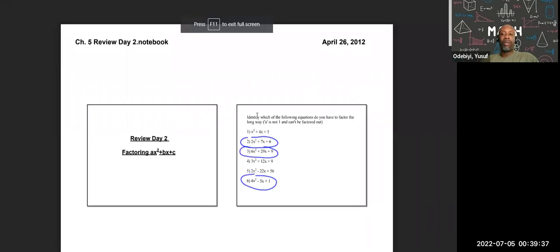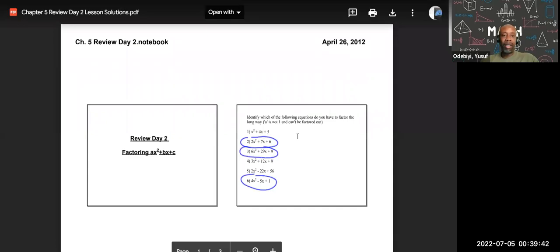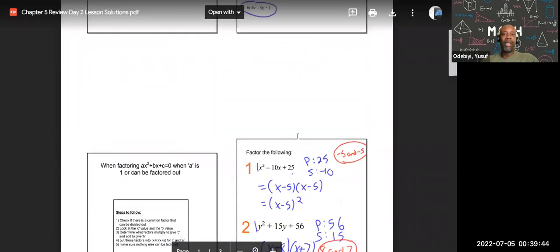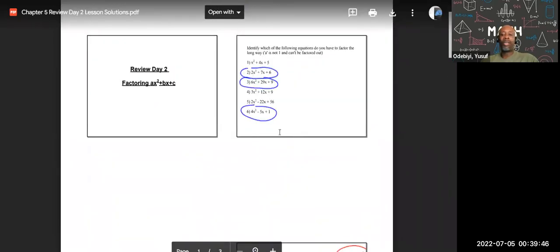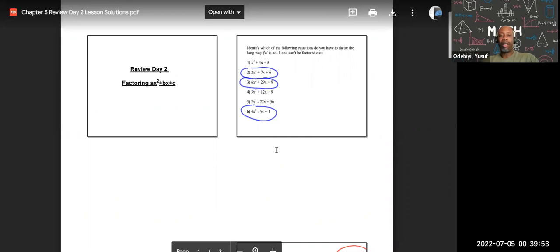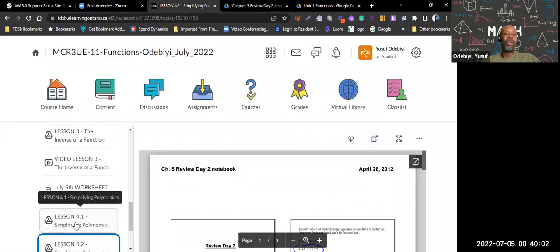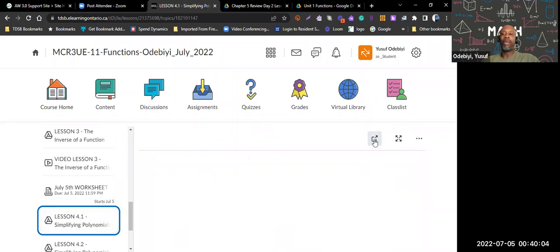This one here is showing day 1 and 2. My bad, give me a second here. I think I clicked on the wrong one. There are 2 handouts there. So let me go back. Yeah, 4.1. I want to start off with 4.1, so let's do that one first.